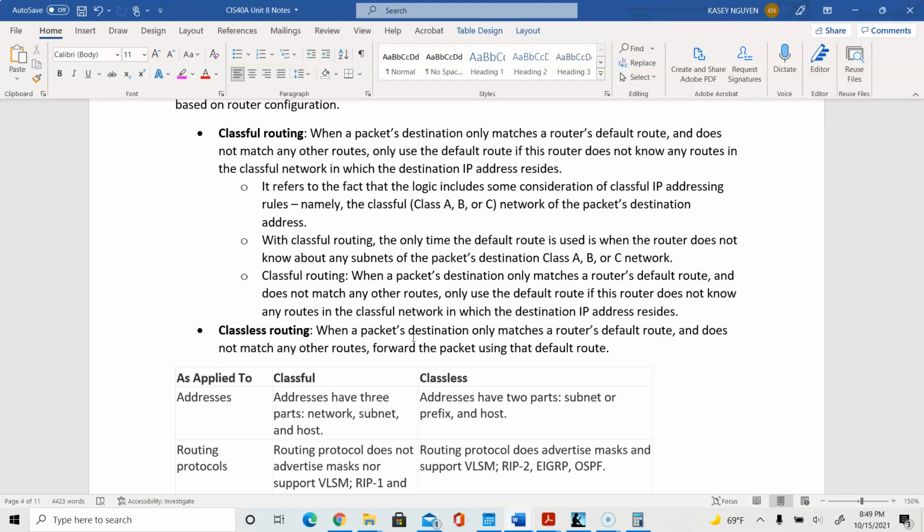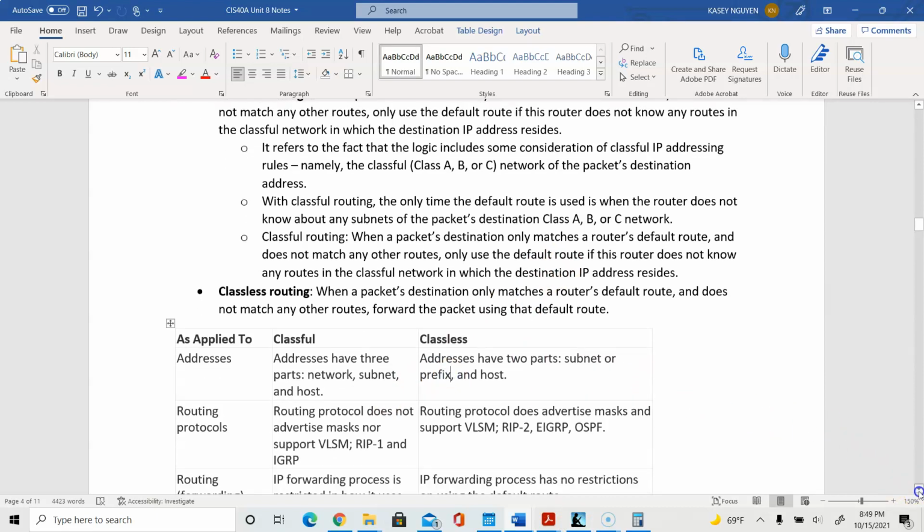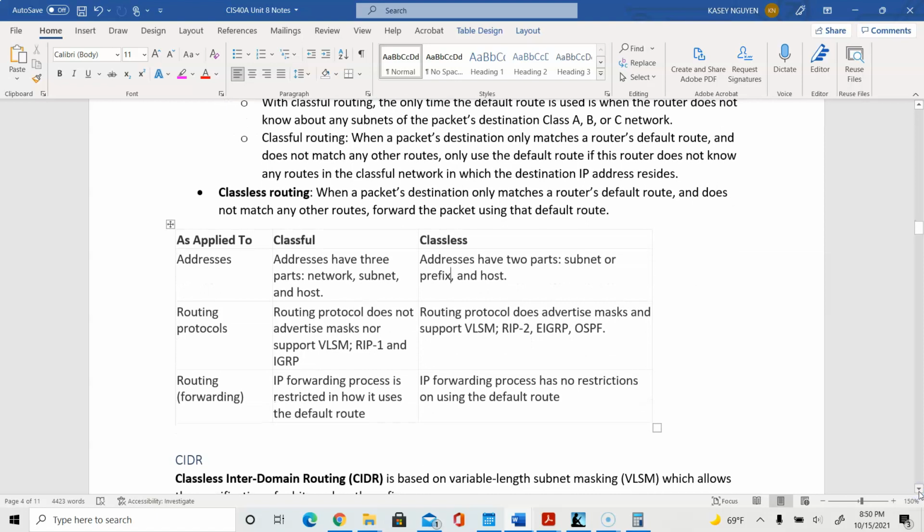It forwards the packet to the default route. So when you compare these two, it's easier to see it in a table. For routing, the IP forwarding is restricted in how it uses the default route for classful. In classless, the IP forwarding process has no restriction in using the default route.